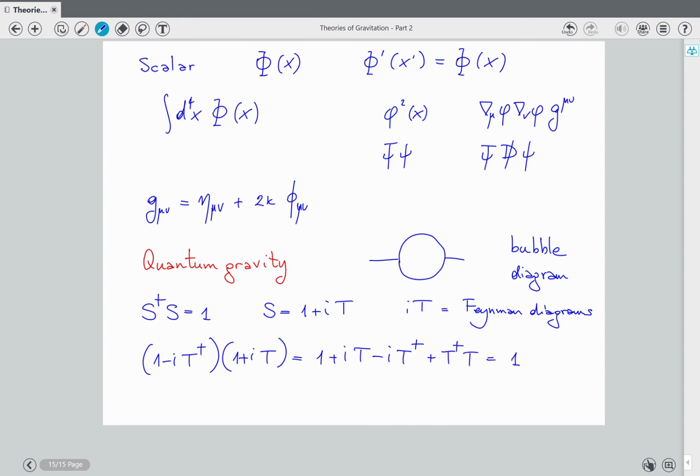So if you simplify 1, you have IT minus IT dagger equals minus T dagger T. Or if we want, we can multiply by minus 1.